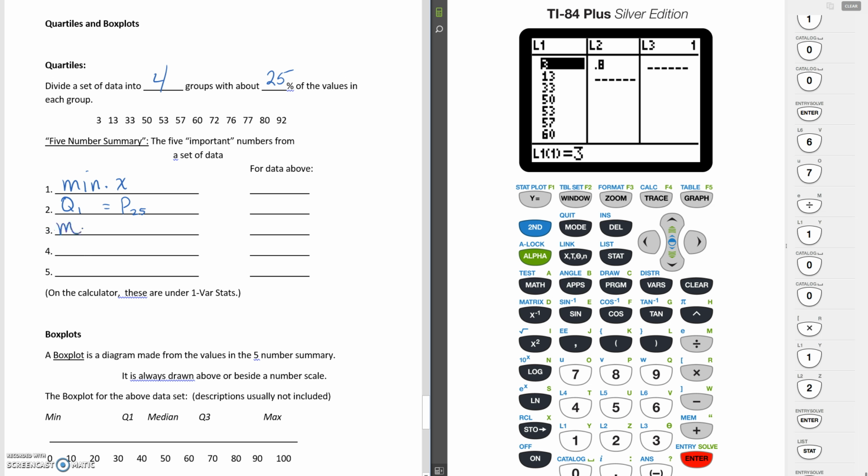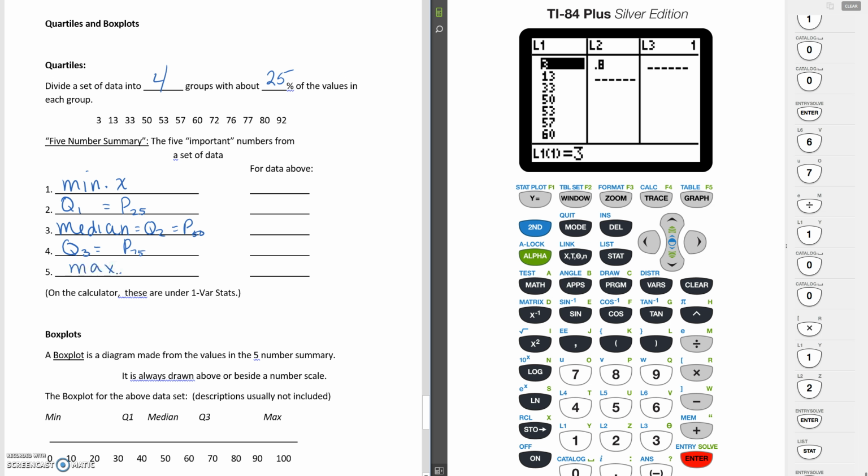The median, which we've talked about how to find, the exact middle value. Now that's the same as what's known as the second quartile or the 50th percentile, what's exactly in the middle. Q3, the third quartile, is what's 75% of the way through the data value. So that's the same as the 75th percentile. And then the maximum value.